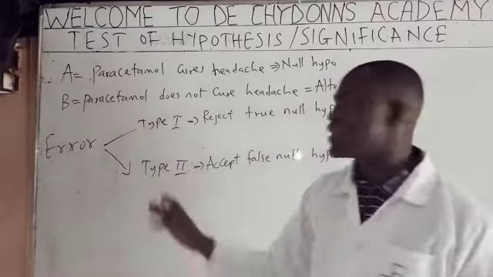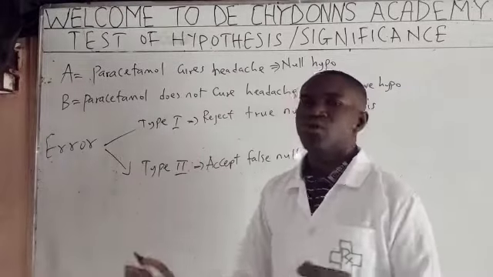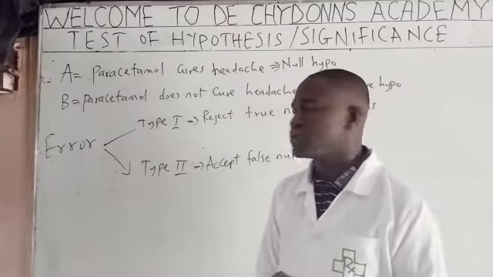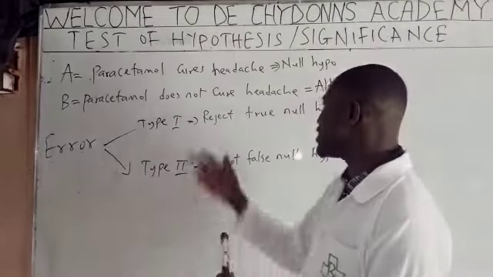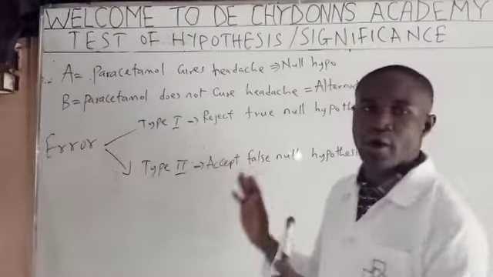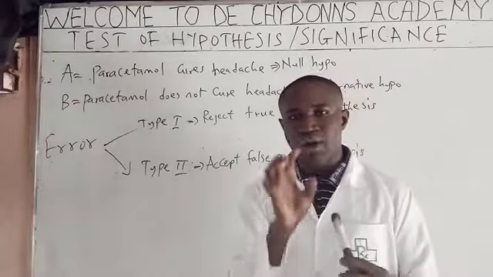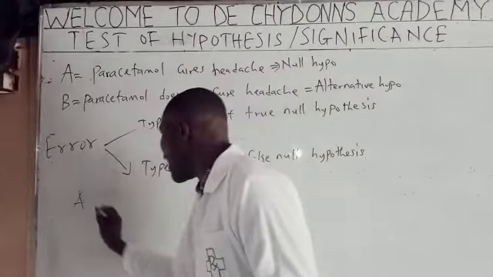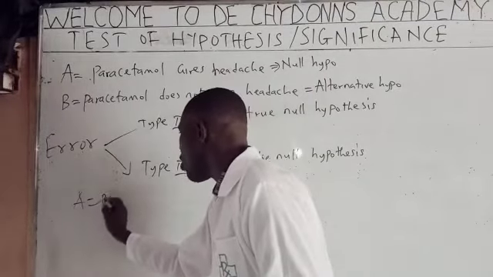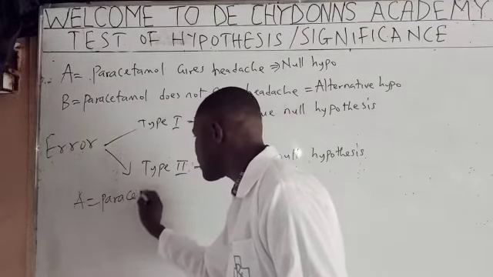Now let's see how we can understand these two errors we have in decision making. You can see the simple explanation of the two errors. Let's see how we can understand it better. Let's say that Mr. A said, yes, paracetamol cures headache.